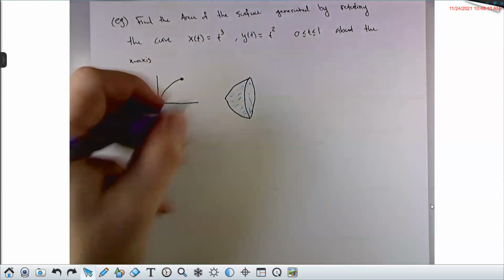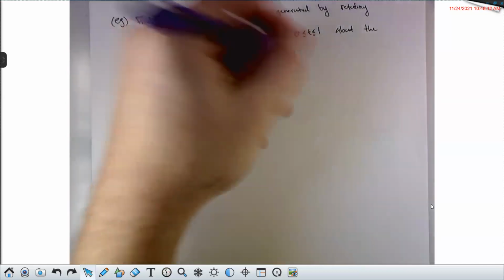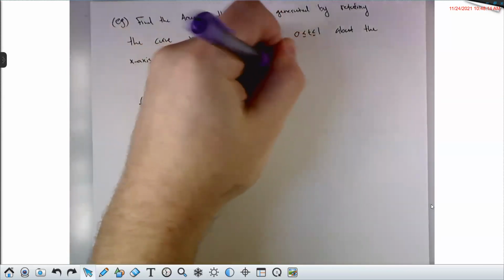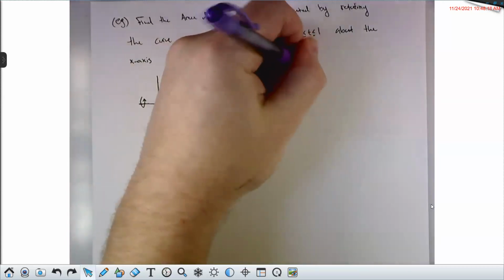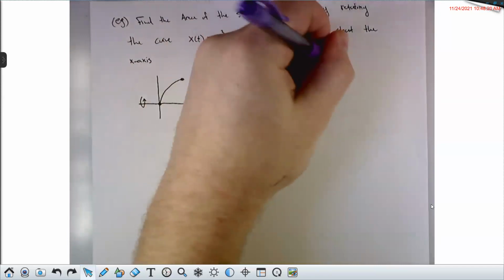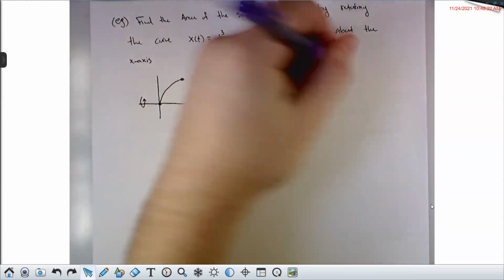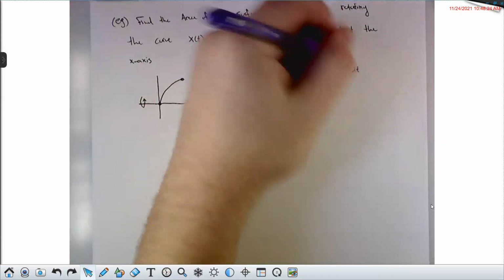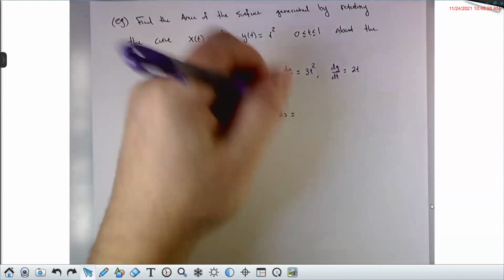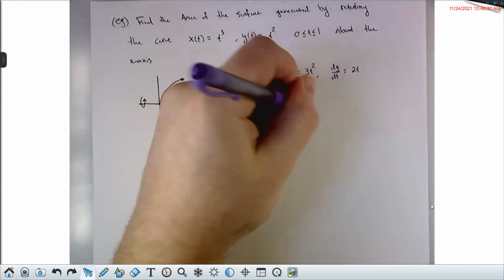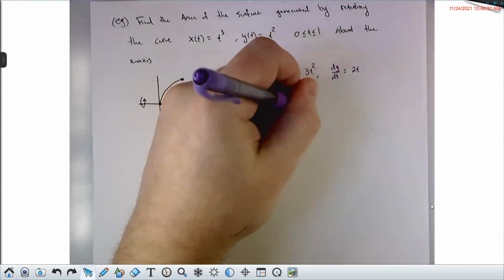We know what we need. We need dx/dt, we need dy/dt, we need ds. So dx/dt is 3t squared. dy/dt is 2t. So ds is the square root of the sum of the squares of those things.